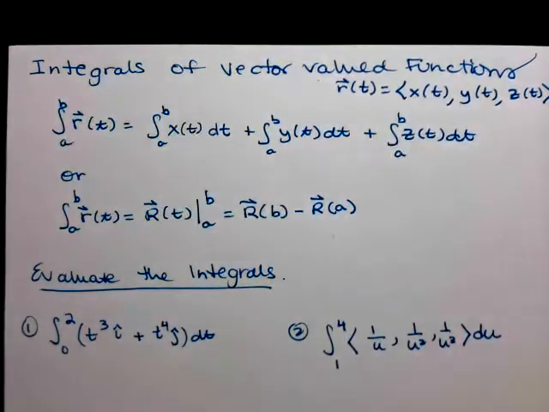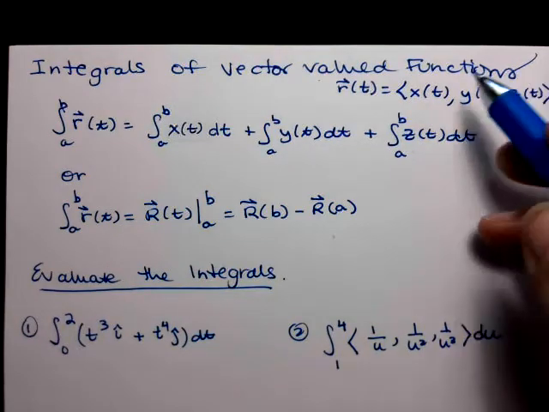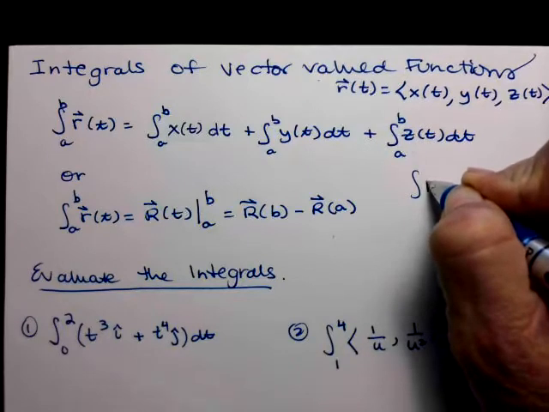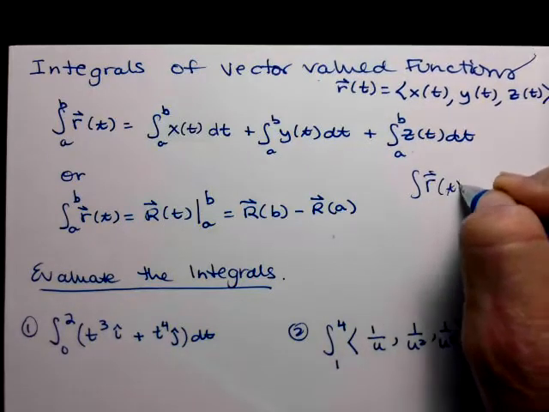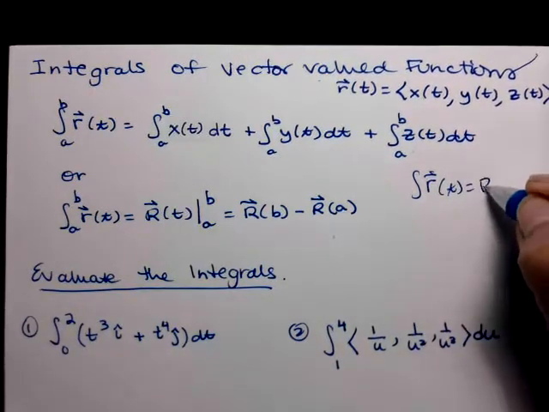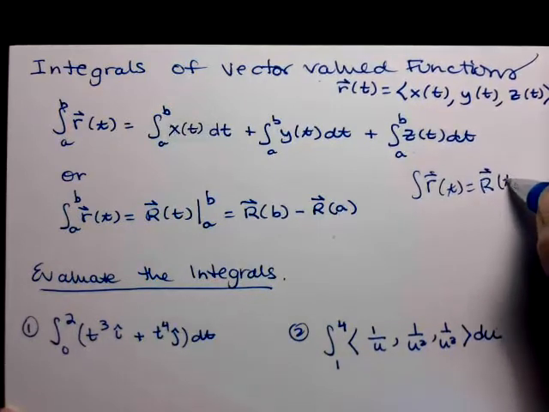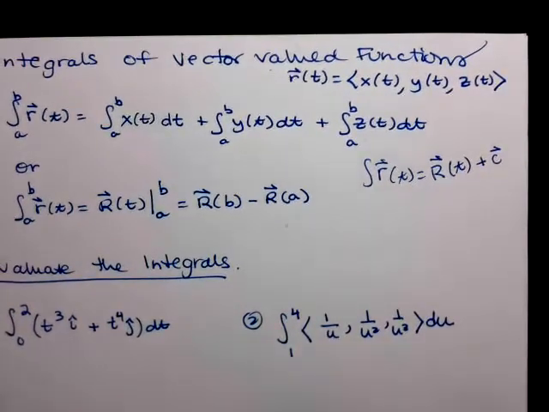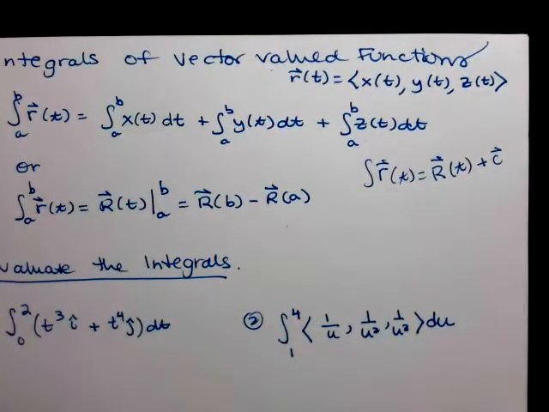to b. Now, if we're asked to find a general antiderivative, then what we will do is find this: the integral of r of t is capital R of t, plus some constant vector c. So just like when we integrated a scalar function, or a real valued function, we would have that plus c at the end.